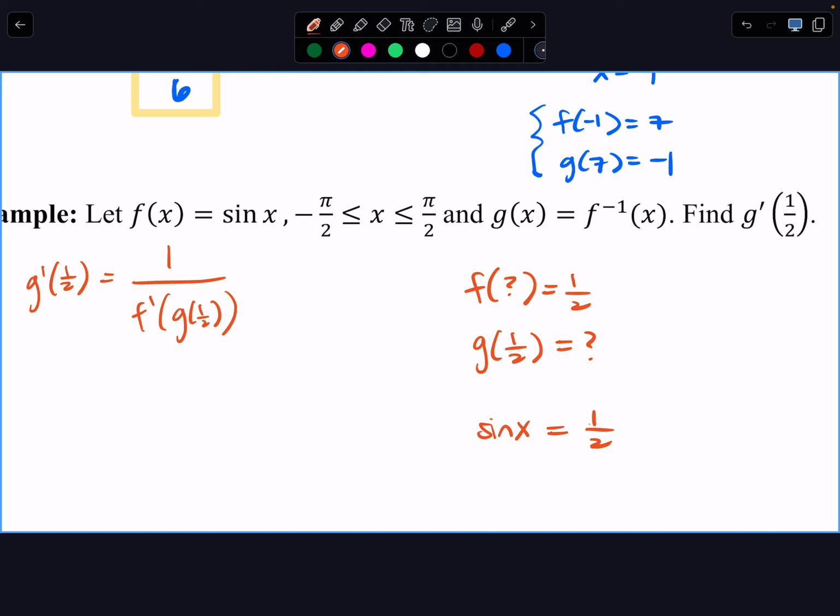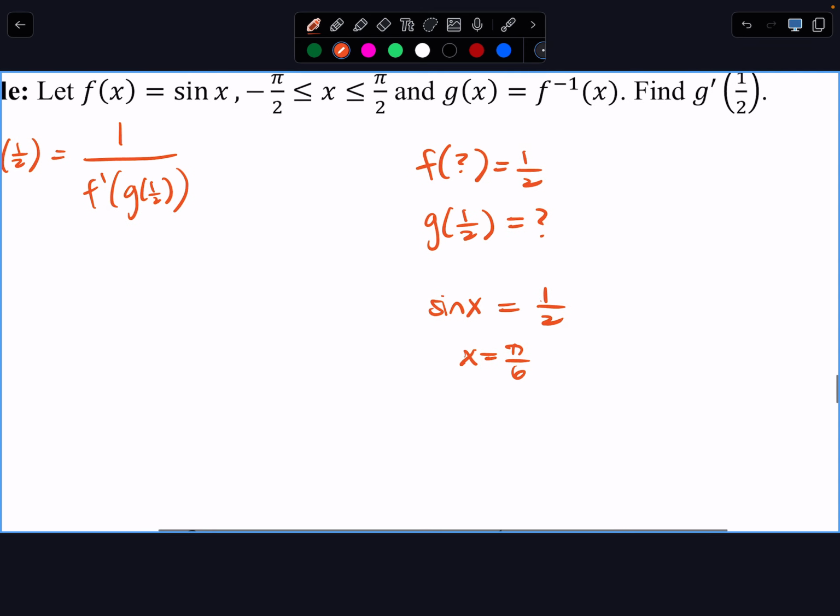Well, negative pi over 2, isn't that quadrant 4? Thinking unit circle, that's negative angles that terminate in quadrant 4. And then from 0 to pi over 2, that's Q1. So really you're thinking about what angle in quadrant 1 would make sine equal to 1/2. Pi over 6, from your unit circles.